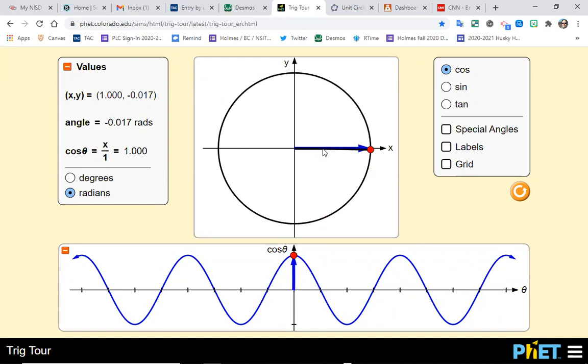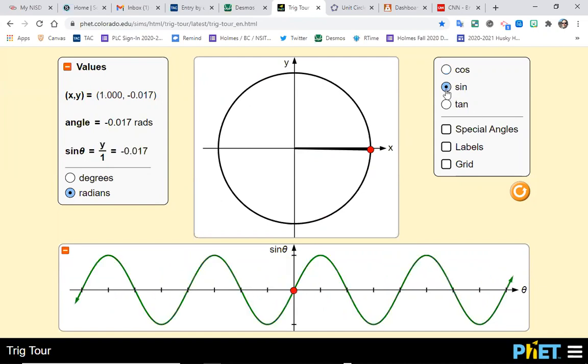Now, the thing I want you to notice on both of these, and I'm going to switch back and forth a couple of times, is that each of these can be divided into basically 4 sections. If you think of one period, one cycle, there's one section, the next section, the next section, and then we're done.